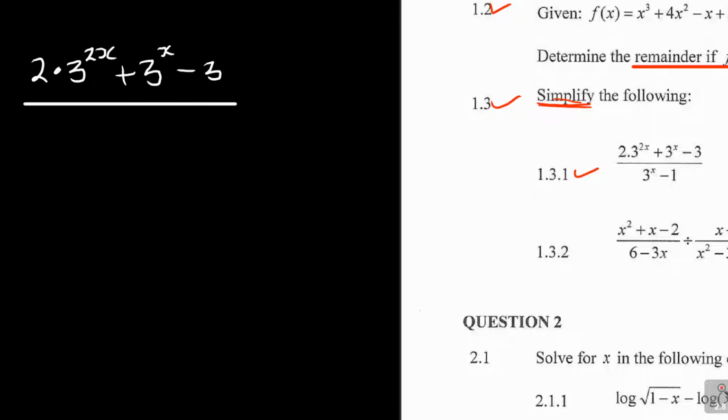Look at this. It says 2 dot 3 to the power of 2x plus 3 to the power of x minus 3, and then this is all over 3 to the power of x minus 1.